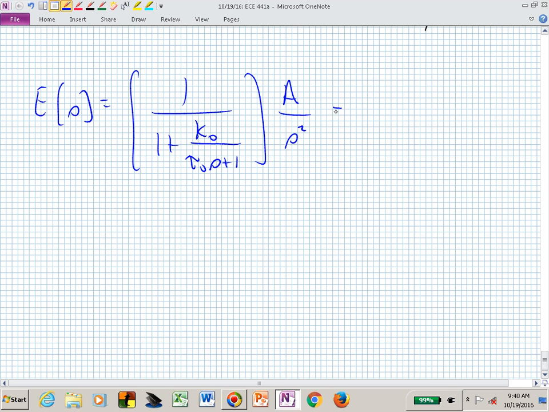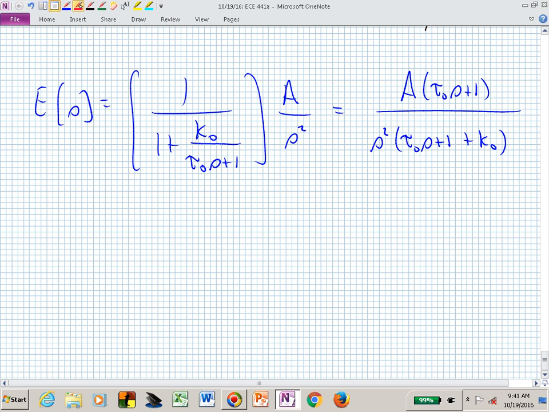This now gives me what? Kind of a mess, but I can clean that up a little bit, can't I? I can get a common denominator downstairs, and the denominator in the denominator flips upstairs, so that I have A times tau sub 0 S plus 1 all over S squared times tau sub 0 S plus 1 plus K sub 0.